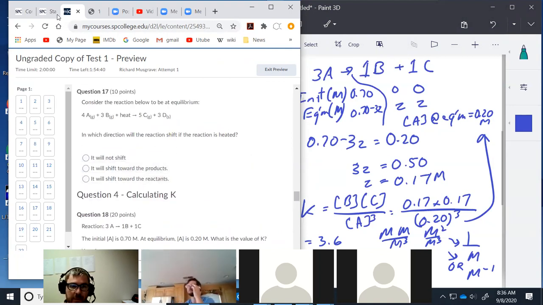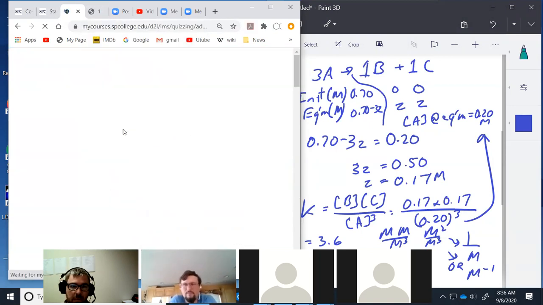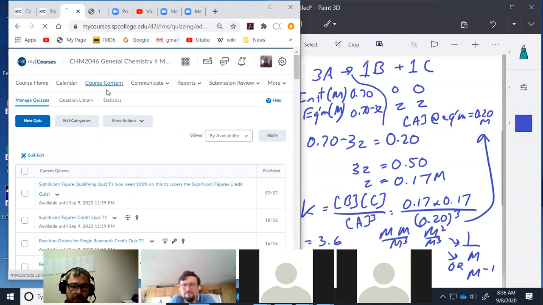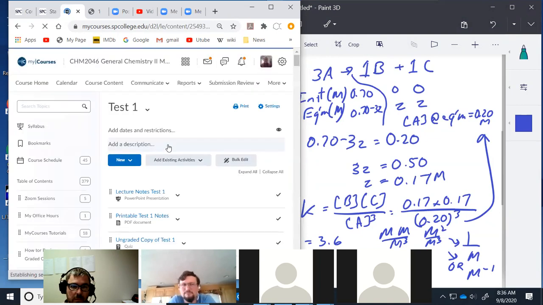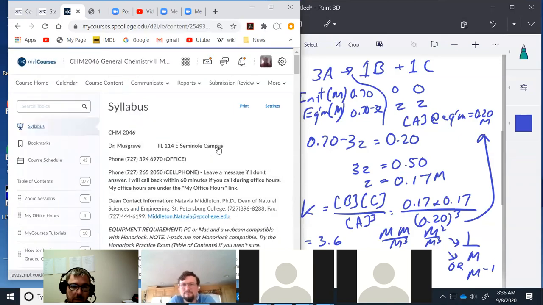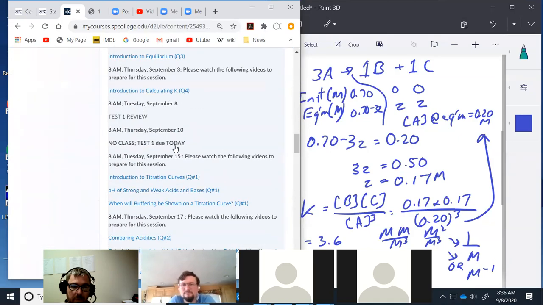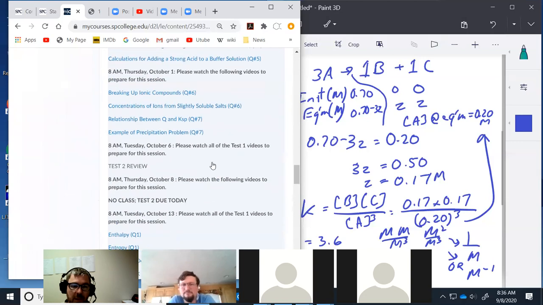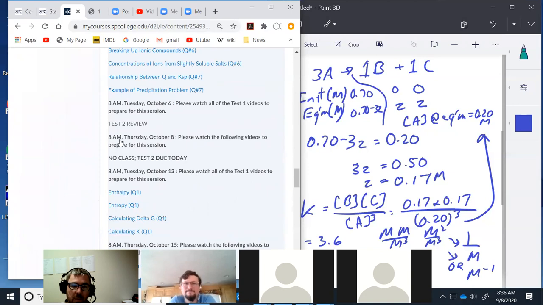The plan is, if you look at the schedule, let's go back to the schedule here. So we're running a little bit behind here, because the rest of today is going to be a review. I was kind of hoping we'd have the whole day for review, but we just won't. But 8 a.m. Thursday, there's no class, and that's when test 2 is due.